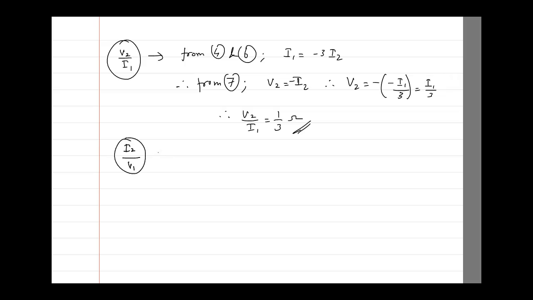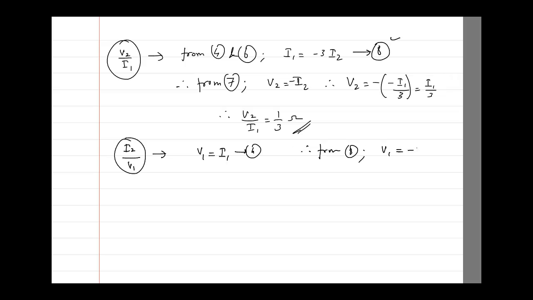I2 by V1. Now we have already found out that V1 is equal to I1. In which equation? Previously we have just now found out. Equation number 4. From equation 4. This was equation 4. Now here, if I substitute I2 from here, let me write this as equation 8. From 8 I can say V1 is equal to this one.